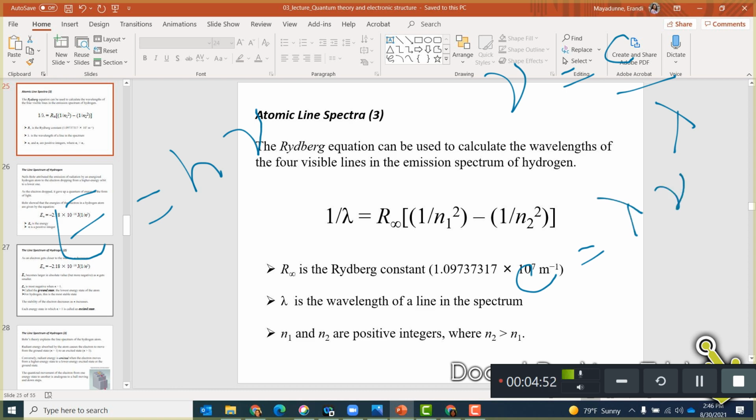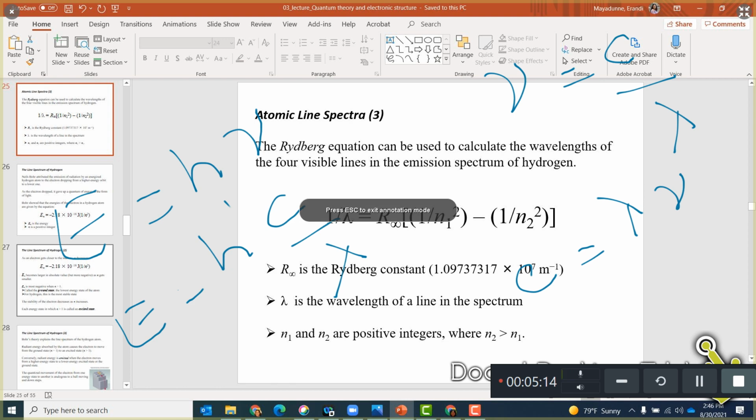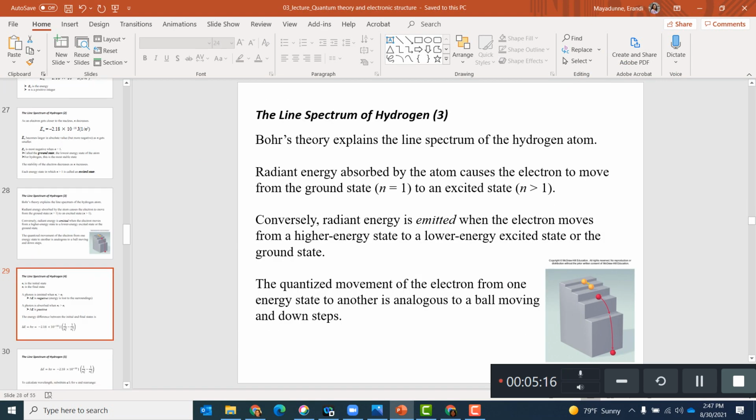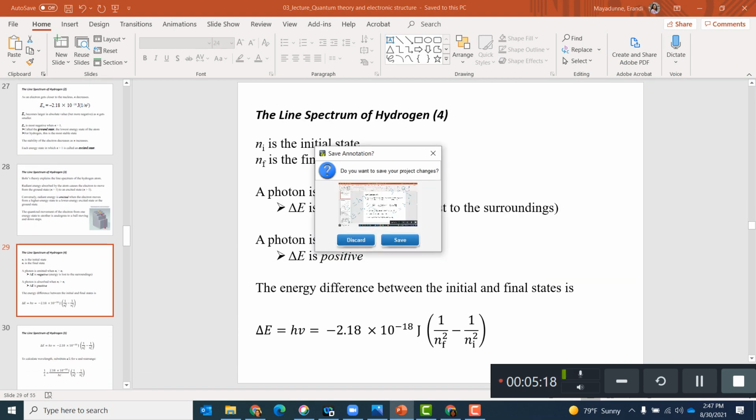So then you can apply, instead of nu, E equals h c over lambda. I know it's not clear, let me write it again: E equals h c over lambda. Using this equation and rearranging, they came up with this one.